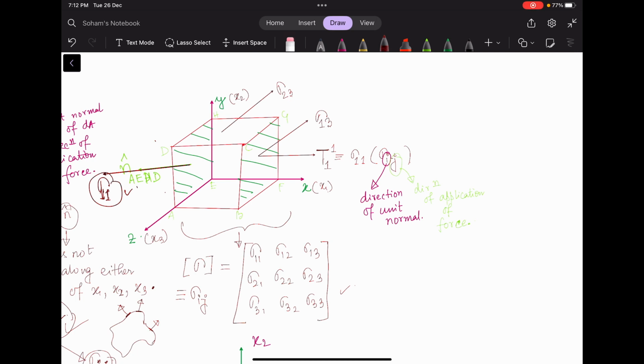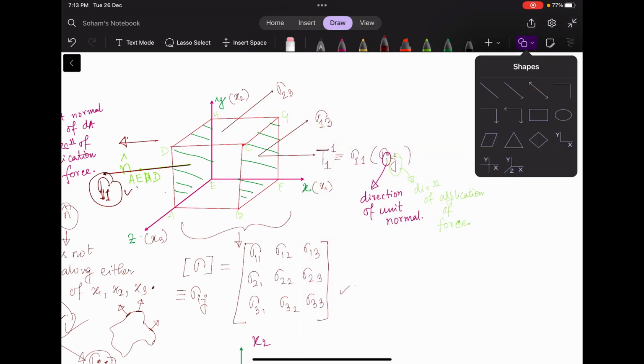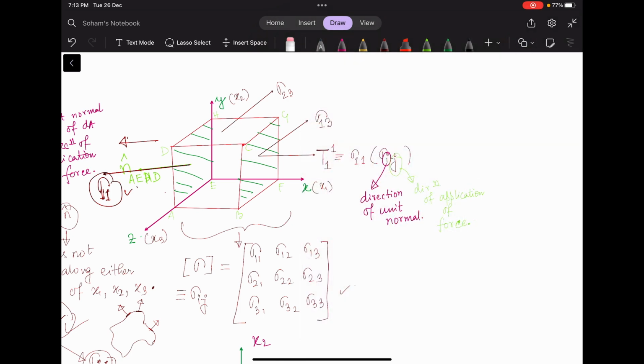Now similarly, if I am having a force in this direction, the surface normal is in this direction, that is opposite to the positive x1. So if I am having a force that is parallel to x3, then the positive force must be opposite to the actual positive x3.